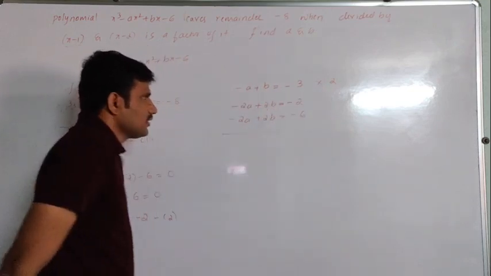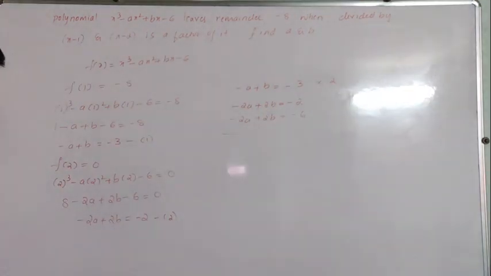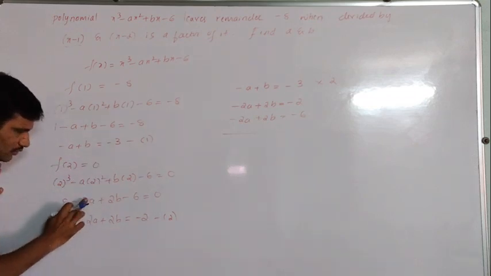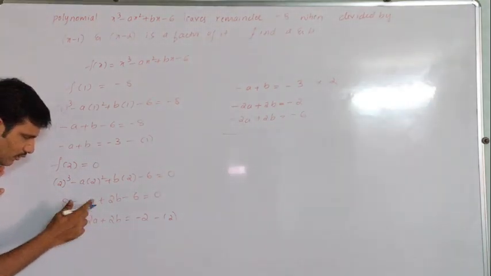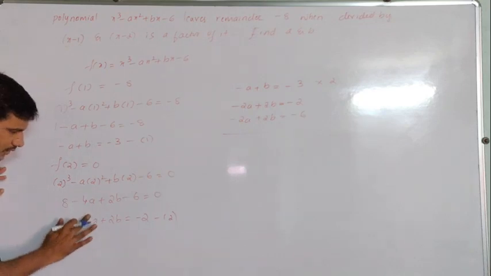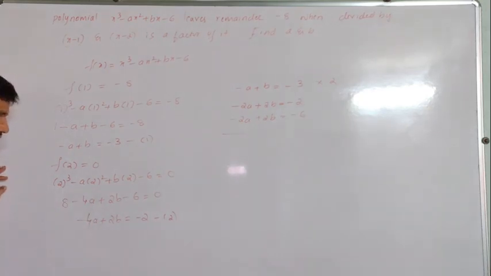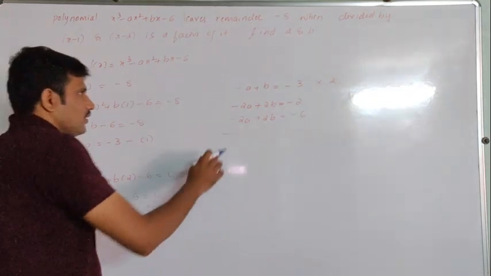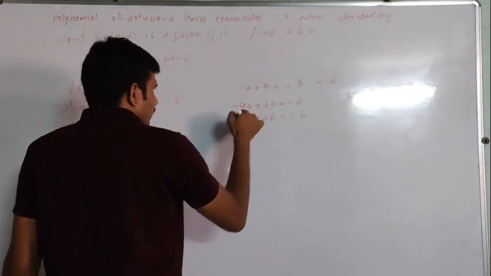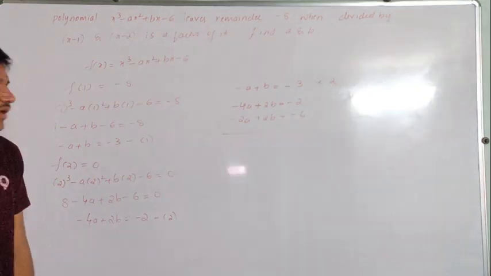Please see whether you have done any mistake. See here, 2 square, I am getting it as 2, it is not 2, it is 4. So it is minus 4a plus 2b equal to minus 2.